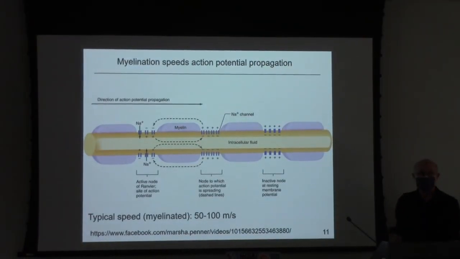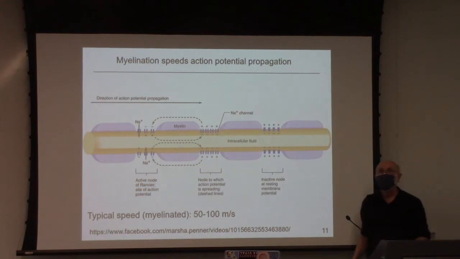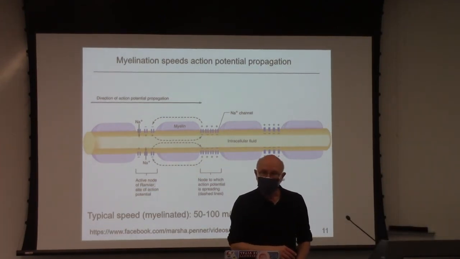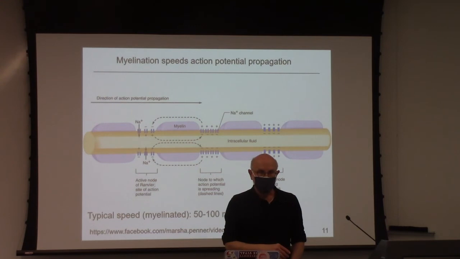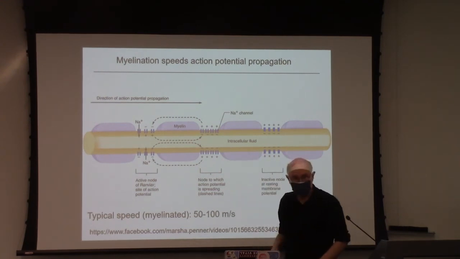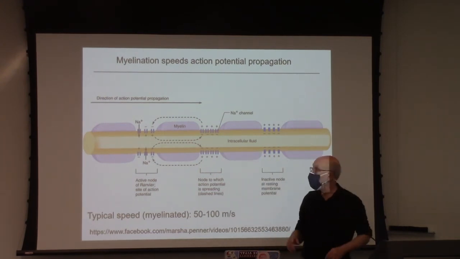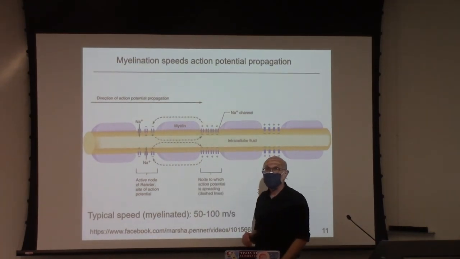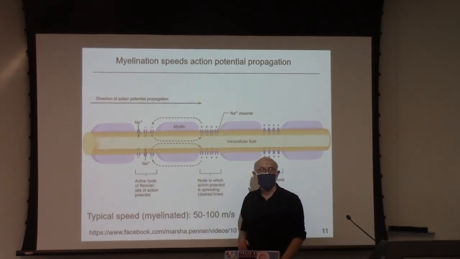How many action potentials does it skip? The question is, could we make this myelin longer and increase the speed even more?